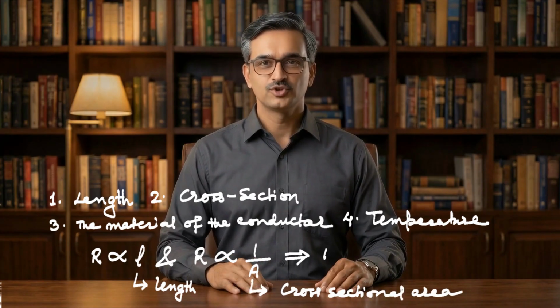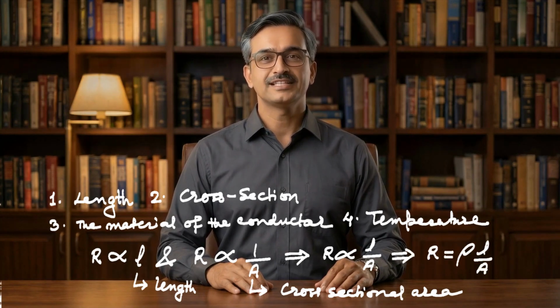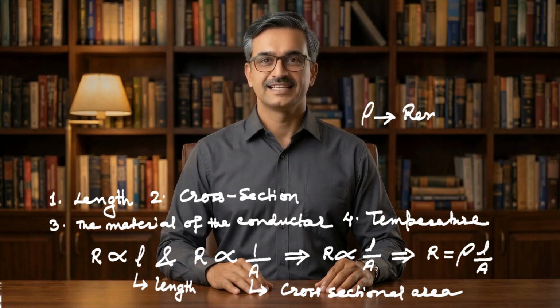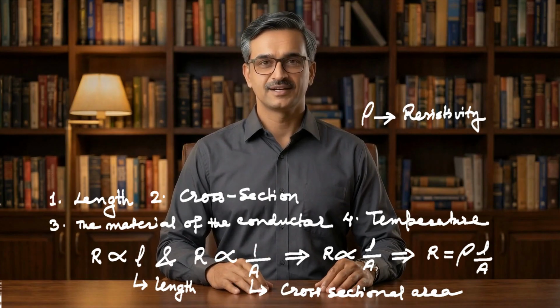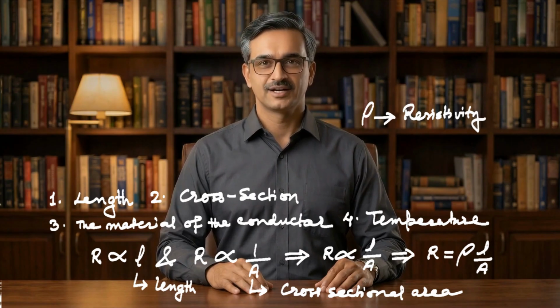So R is proportional to L by A, and finally we get R equals rho L by A, where rho is the constant of proportionality, and this rho is nothing but the resistivity of the conductor, which depends upon the material of the conductor. That rho determines the availability of free electrons in the conductor depending upon the material of the conductor.